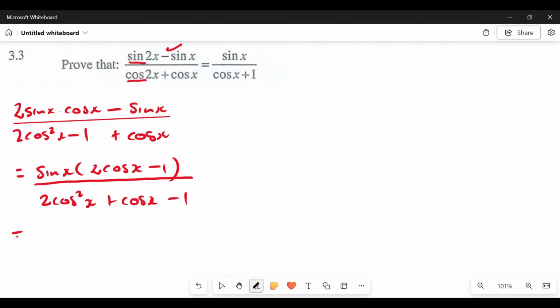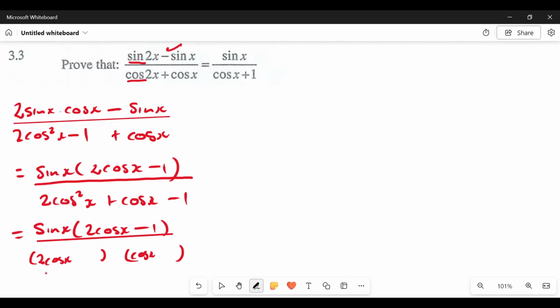Now let's continue. On our numerator, we're still going to write it as it is. Open bracket, 2 cos x minus 1. And then let's factorize our denominator. Now we can say we have 2 brackets like that. And then we can say 2 cos x and cos x.